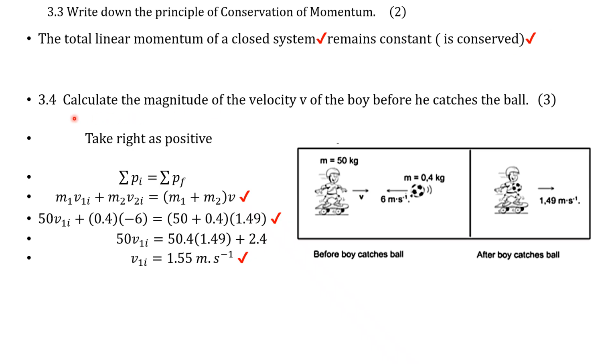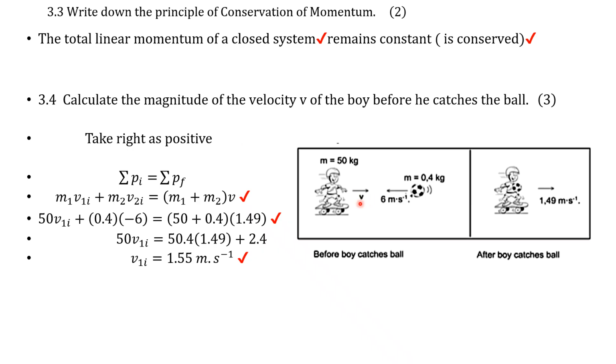3.4, calculate the magnitude of velocity v of the boy before he catches the ball. So we have to test whether you can work with the momentum equations. Number 1, we have to specify that we take right as positive or left as positive, entirely up to you.